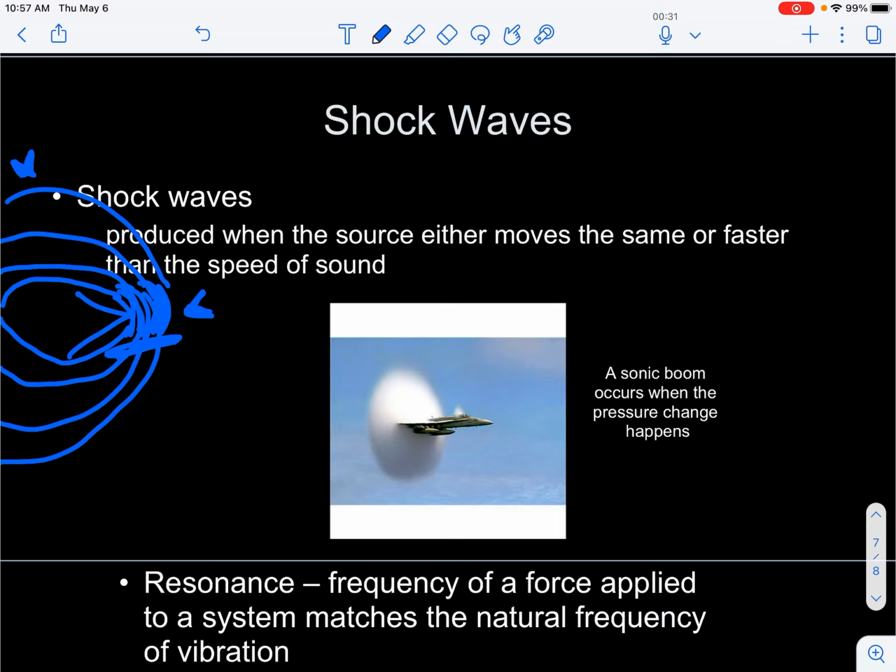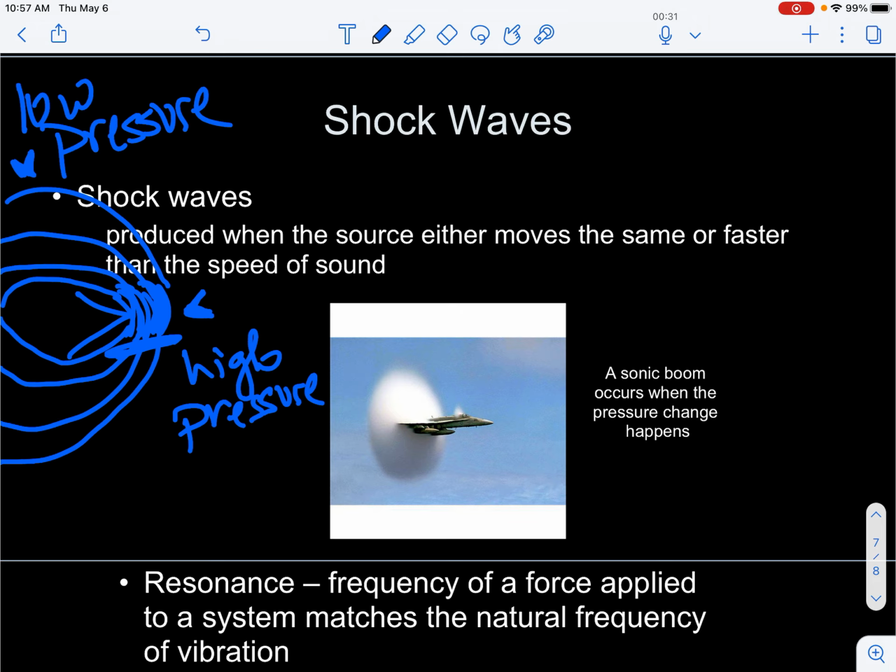All right, and it's bunched up at the front of the plane. So what happens is you have this super high pressure in front, and then you've got really, really low pressure happening at the back.